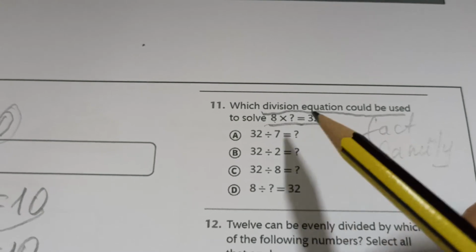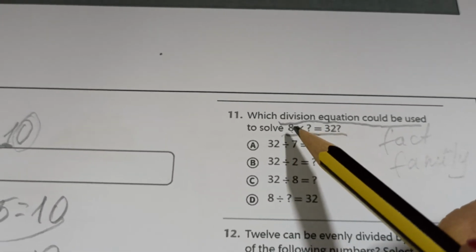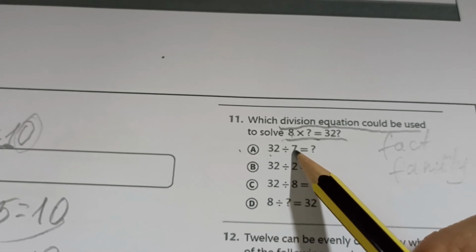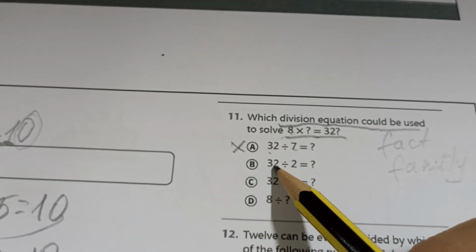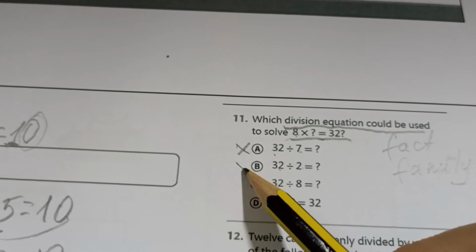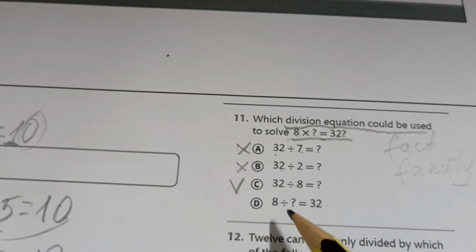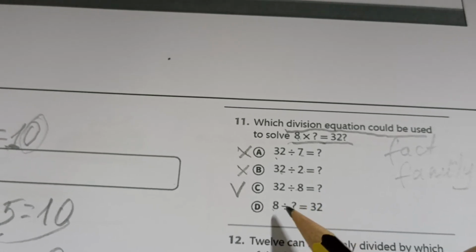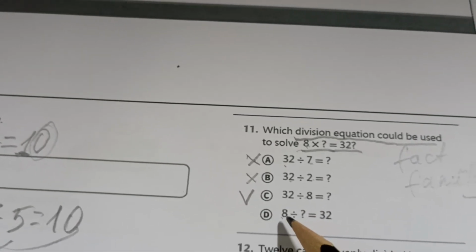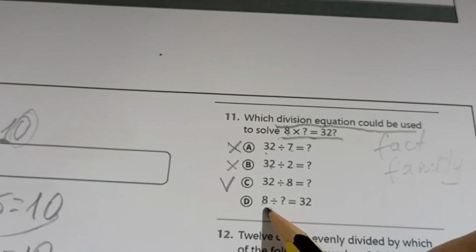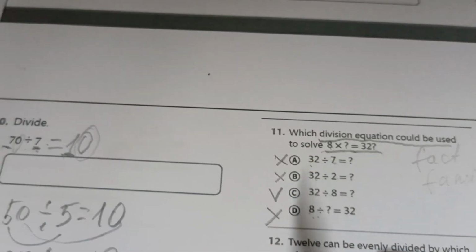We are looking for the equation to have 32 and 8. So this one, 32 and 8? No. This one, 32 and 8? No. This one, 32 and 8? Yes. This one, 32 and 8? Okay, maybe yes, but you need to start division from the bigger number, from 32. That's why it's not correct for us right now.